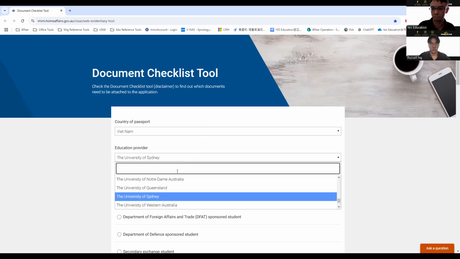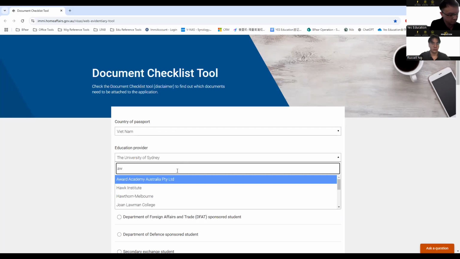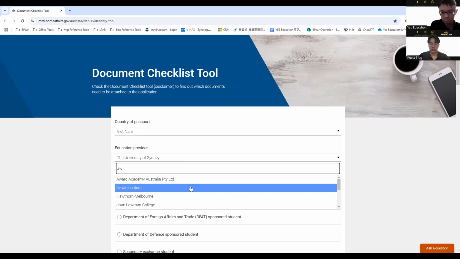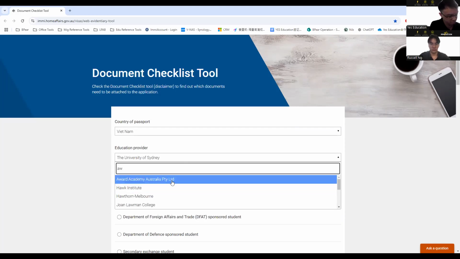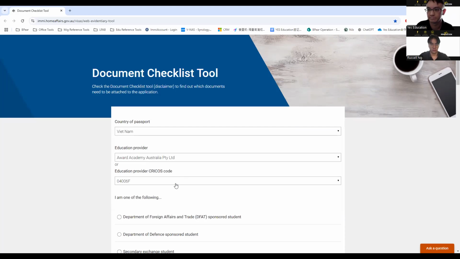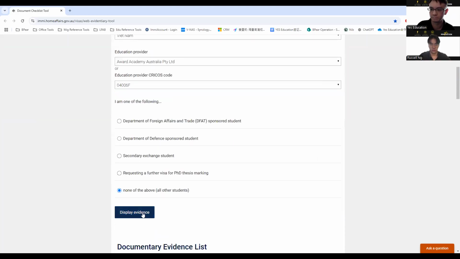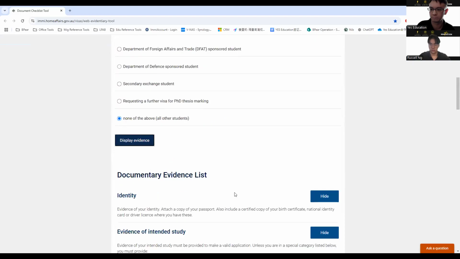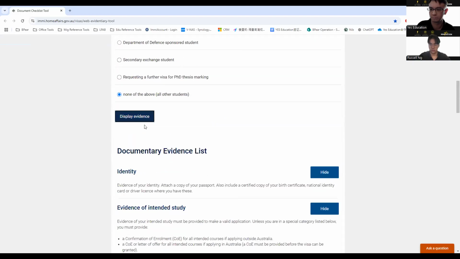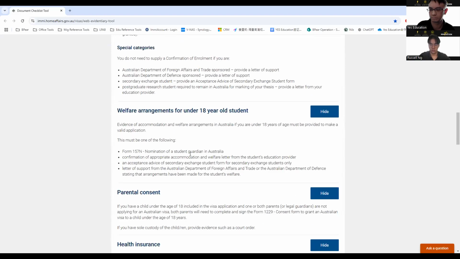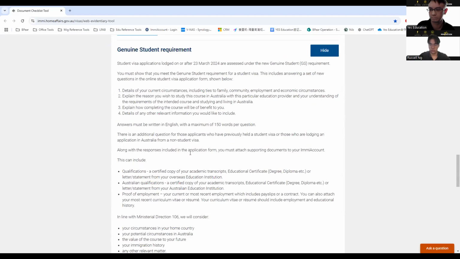For example, if we change the university to a very high risk provider, let's see. Yeah, let's try this one. It's a PTY Ltd, which means it's a private RTO style education provider. It should be a high risk one. Then once we press display evidence, we should see something different.